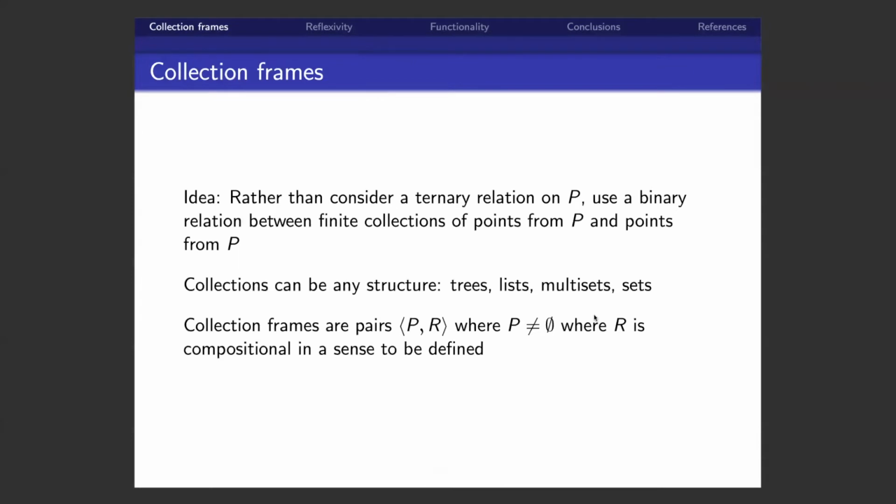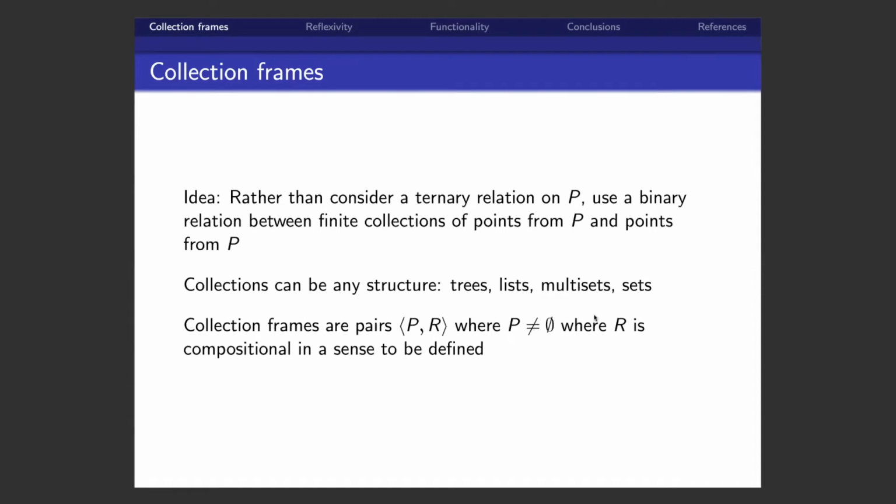That's what we've been working with: the idea that rather than a ternary relation on points, we're going to use a binary relation where the left side takes finite collections of points and relates those to single points. And collections here, the generic term we're using, can be any structure.